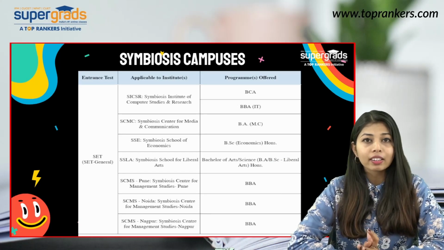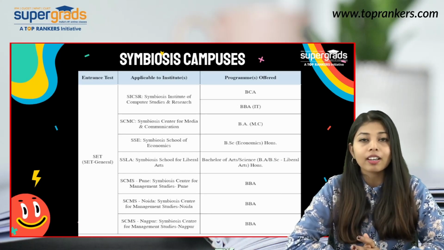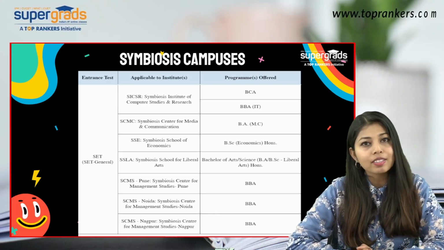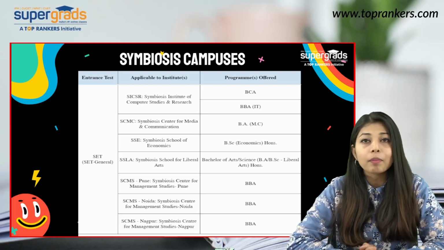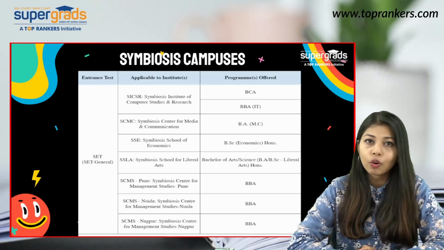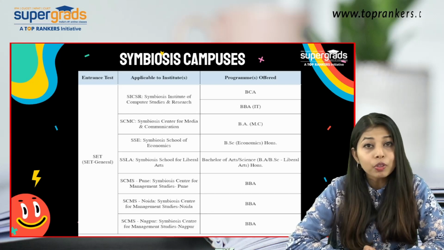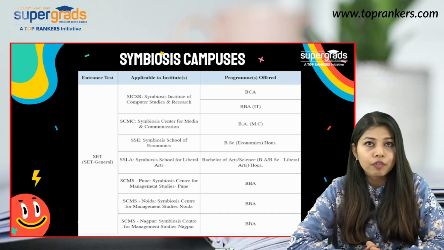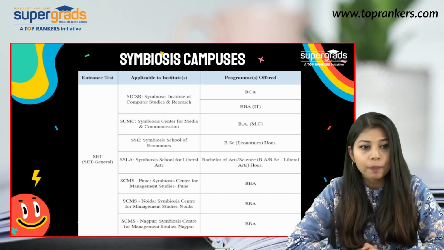If you are giving the SET General, that means Symbiosis Entrance Test General, these will be the campuses which will be providing their respective programs. Starting with Symbiosis Institute of Computer Science and Research, which will be giving you the program BCA, that is Bachelor's in Computer Applications. Symbiosis Center for Media and Communication will be giving you a degree of Bachelor's in Mass Communication.